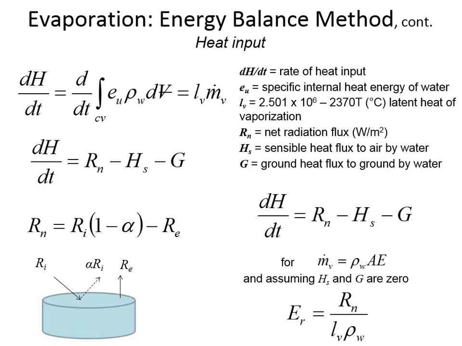This equation is one part of the combined method when you take into account the net radiation that's incoming and available for heating up the water, and then the latent heat of vaporization of water, and then the mass density of the water itself. The evaporation rate that you'll get from doing this will be in units of millimeters per day.